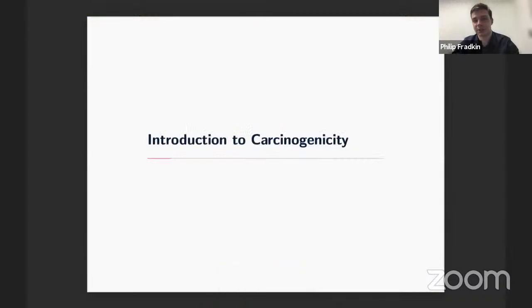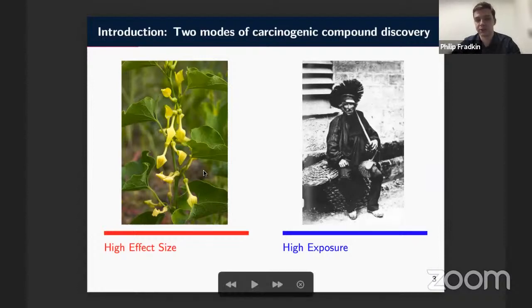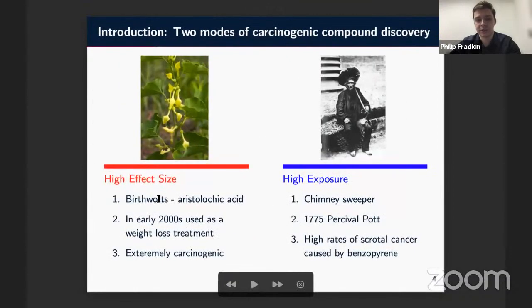So first, I'm going to introduce carcinogenicity as a concept and some properties of carcinogenicity prediction as a problem as a whole. You can think about carcinogenic compound discovery in two modes: a high effect size mode and a high exposure mode. On the left, you see this plant commonly referred to as birthwort, and it contains aristolochic acid.